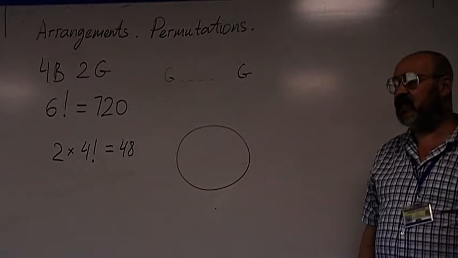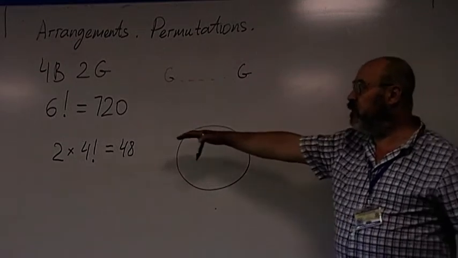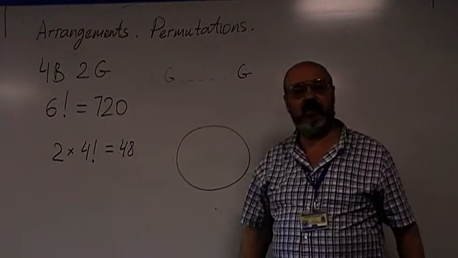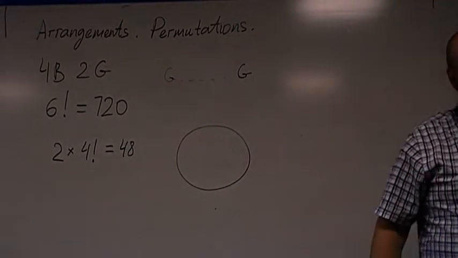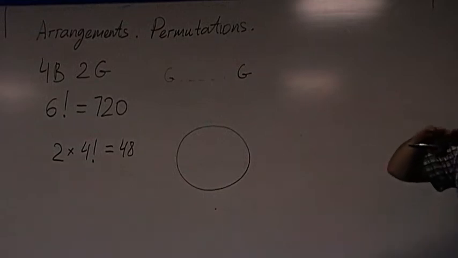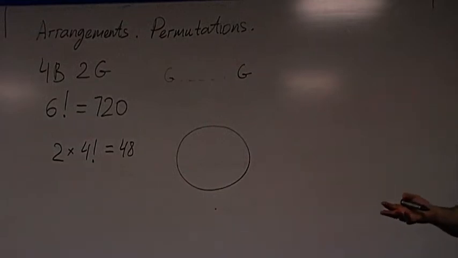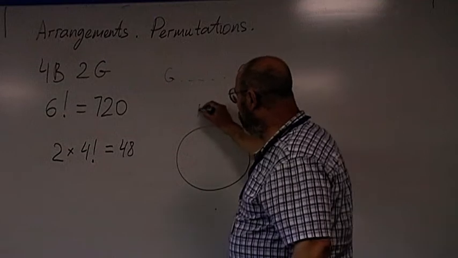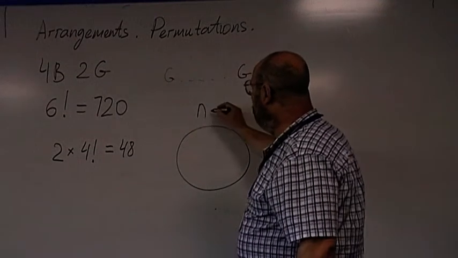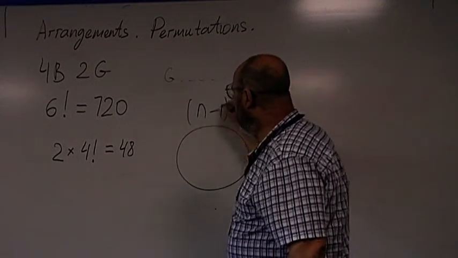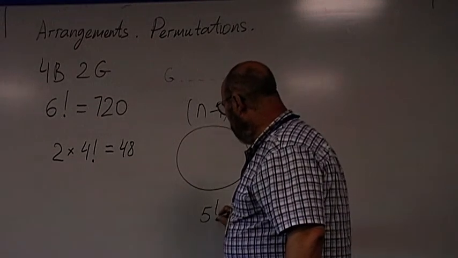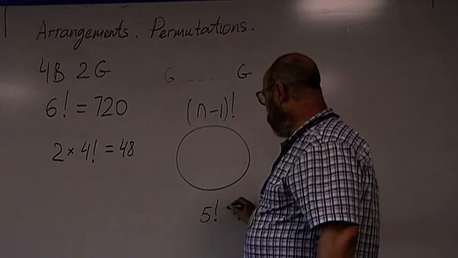If we have 6 people in a row, we can sit them in 720 ways. In how many different ways can we put 6 people around the table? So, arranging objects in a circle: if we have n objects or n people, that will be n minus 1 factorial. So it will be 6 people, 5 factorial, which is 120.